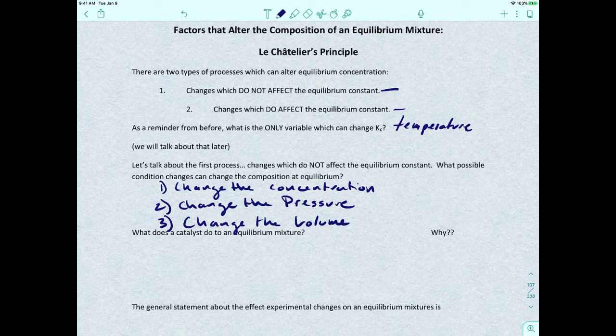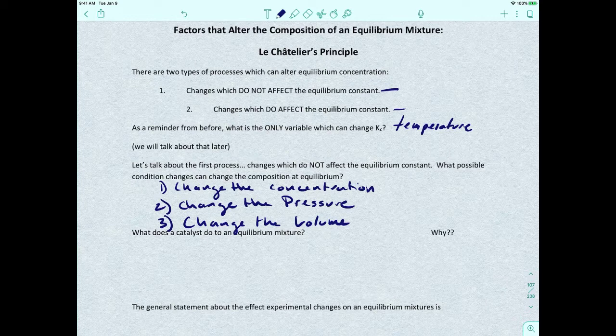Doing one of these changes will affect the equilibrium concentration, but it will not change the value of the constant.